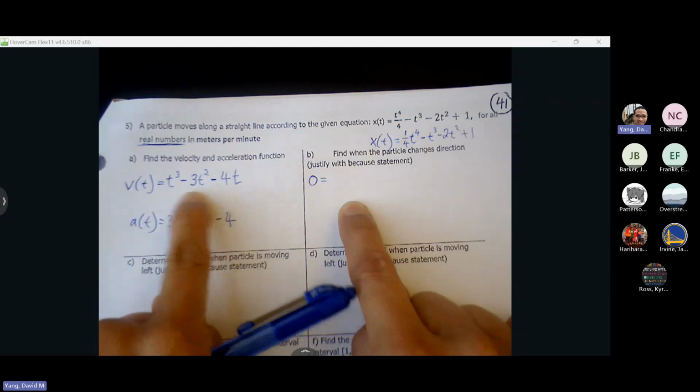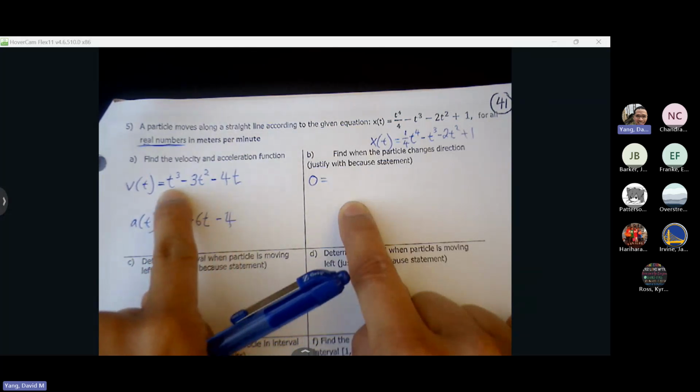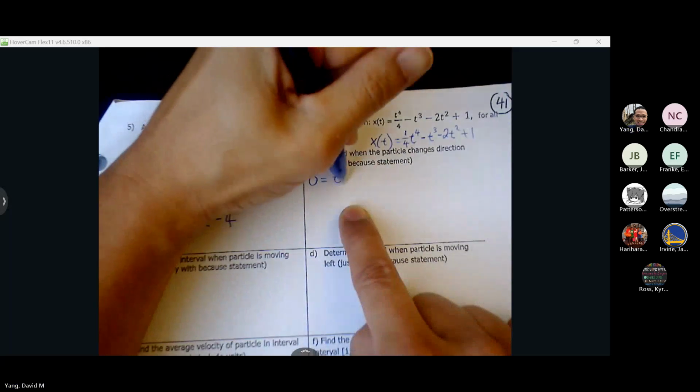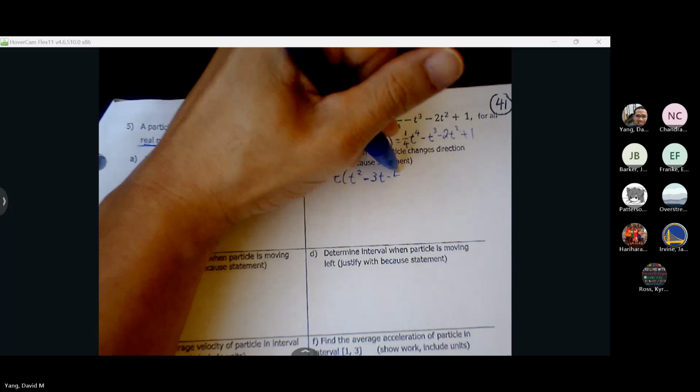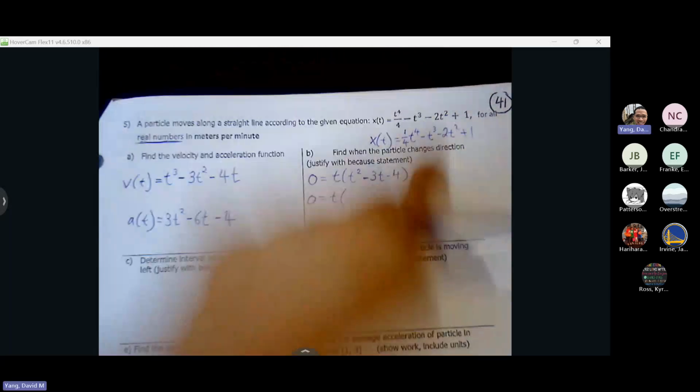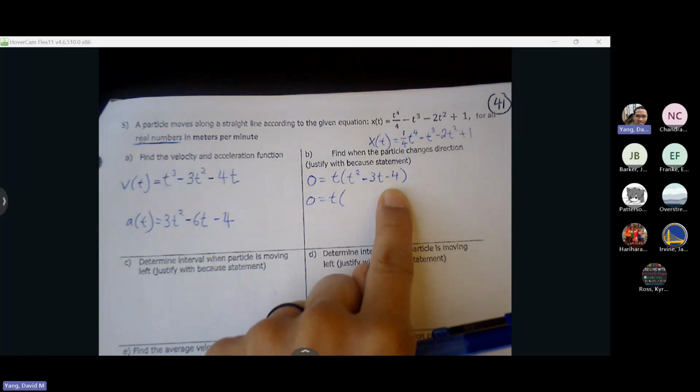I'm going to go ahead and start my factoring process here. I can factor out a t from each of the terms. Continue factoring, multiplies to be -4, adds to be -3, -4 and 1.